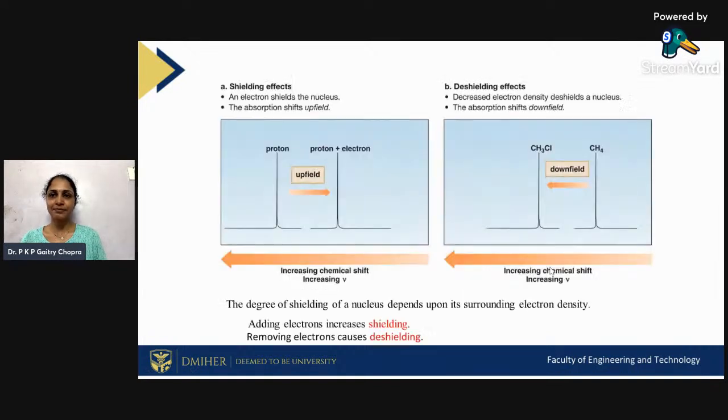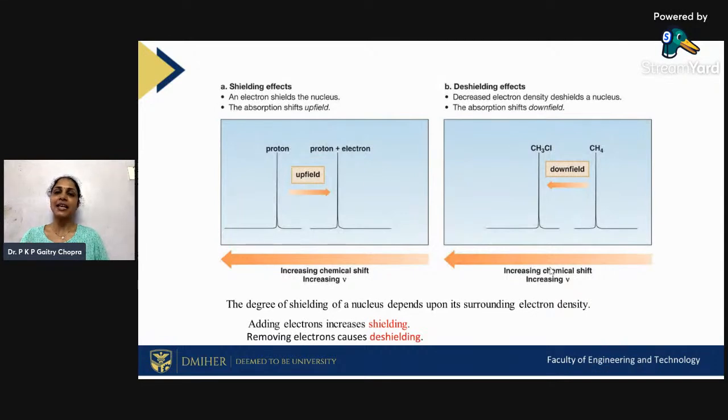Now here, as I said, shielding. Shielding means to protect. If the electron density near the nucleus is more, those electrons will induce their own magnetic field, and they will oppose the external magnetic field, thereby shielding the nucleus, so we will have to apply a larger amount of energy for the nucleus to resonate.